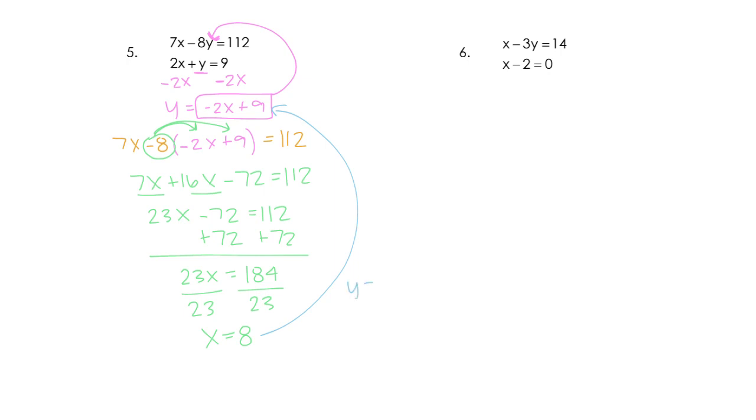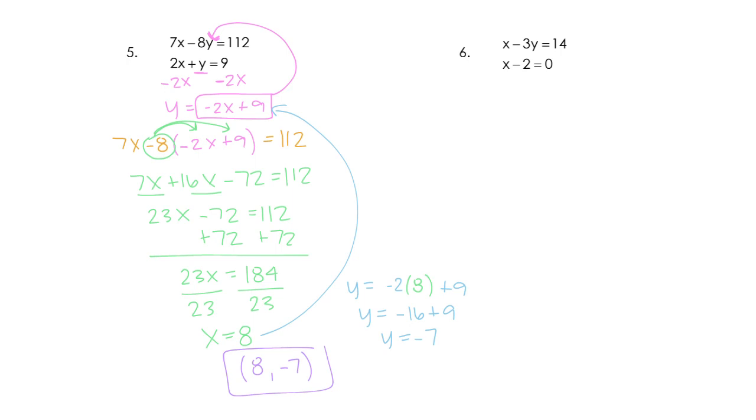So y is equal to -2 times whatever x is, but now we actually know that x is 8, so I'm going to plug that in. And then plus 9. So then when I start simplifying, I have y equal -2 times 8 would be a -16 plus 9. My answer for y would be -7. So then if I wrote that as a final answer, it would be (8, -7) in parentheses with a comma in between the two numbers.